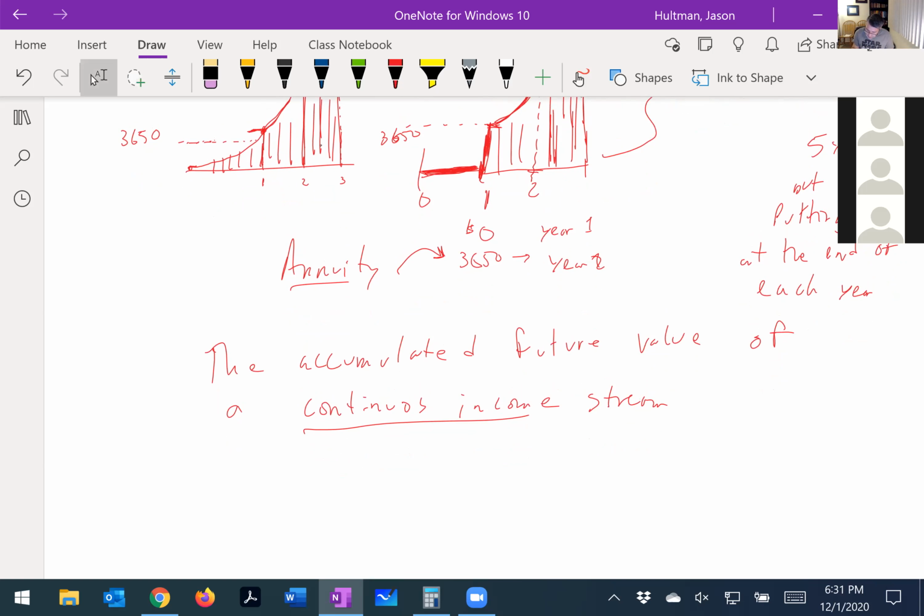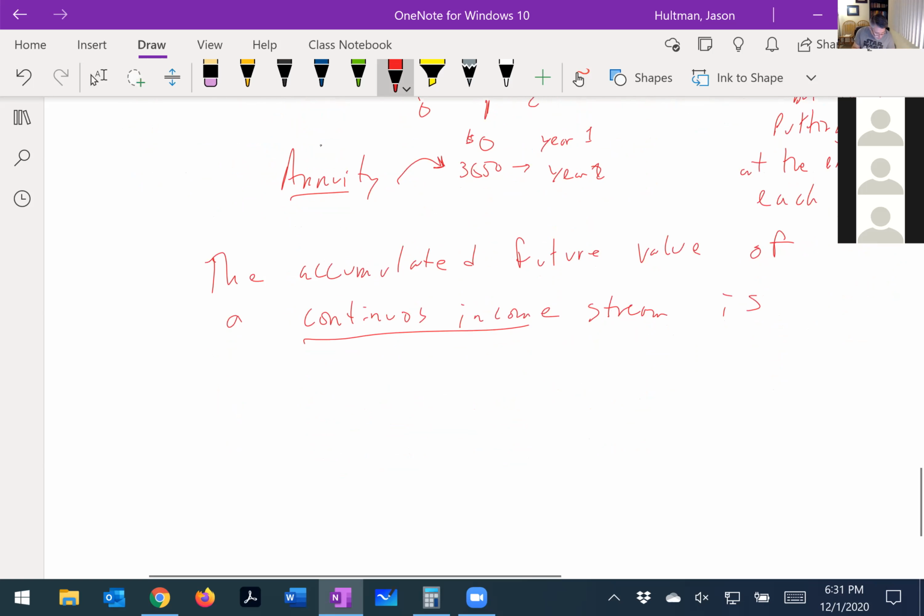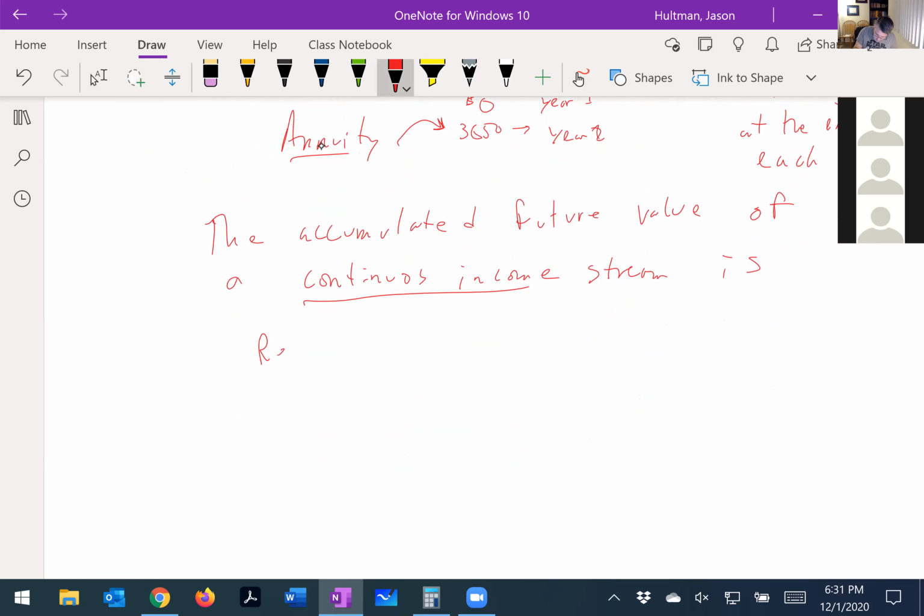Okay, so the accumulated future value of a continuous income stream is represented as A for accumulated value is equal to the integral from 0 to T of R of t, where R of t is going to be P naught, basically.